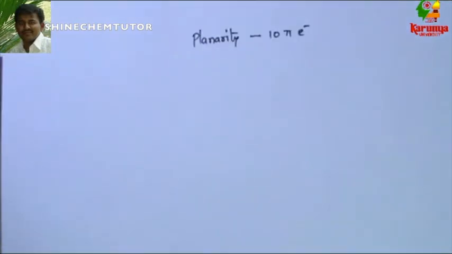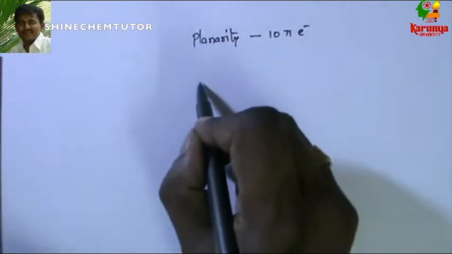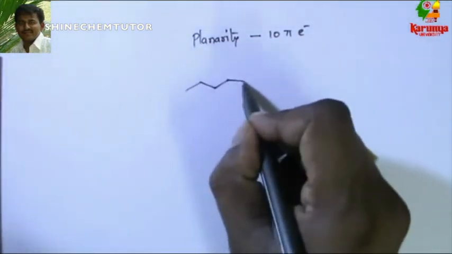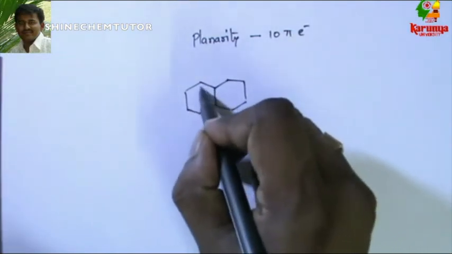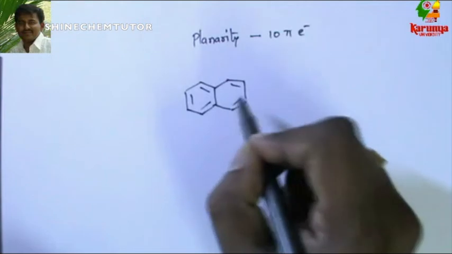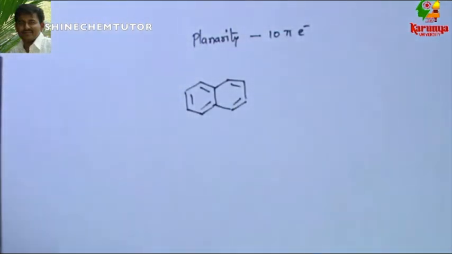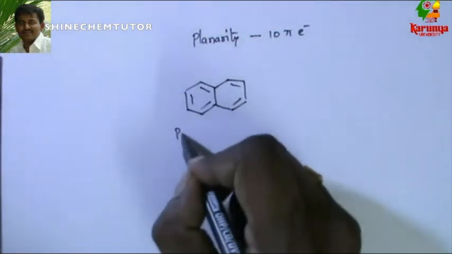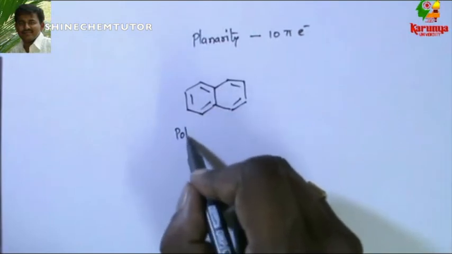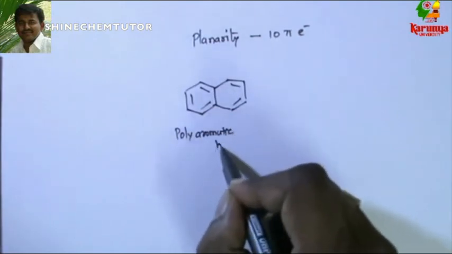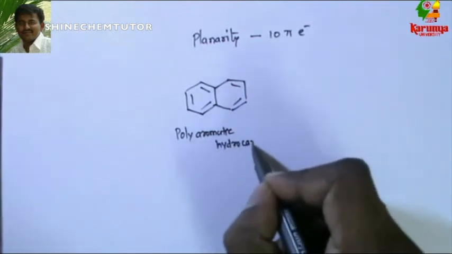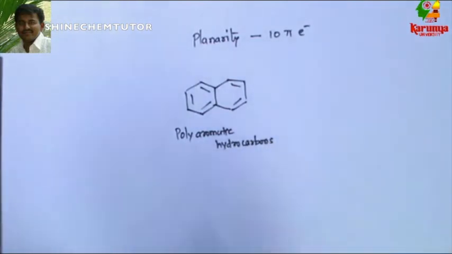Now let us go to the system which has 10 pi electrons. The most common system is naphthalene. It is a polyaromatic hydrocarbon. There are 2 6-membered rings.